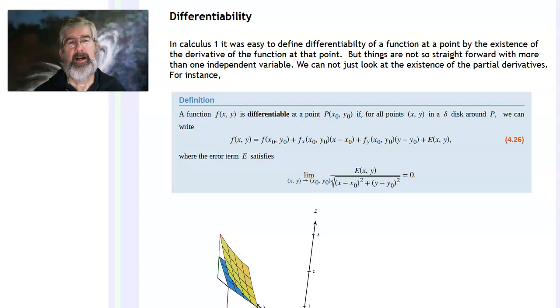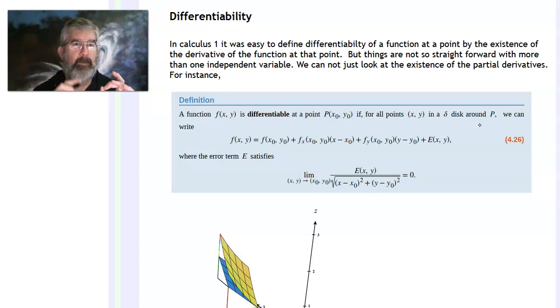Okay. So here's what our definition is. We say that a function f of x, y is differentiable at a point x0, y0 if, for all points in some disk around P, so you've got point P and then you've got some little circle of points where this works.